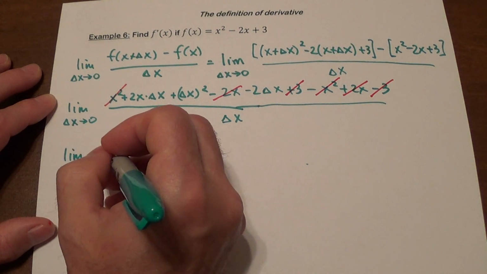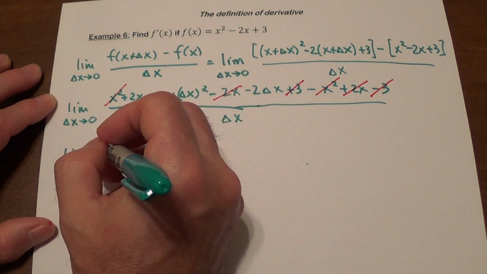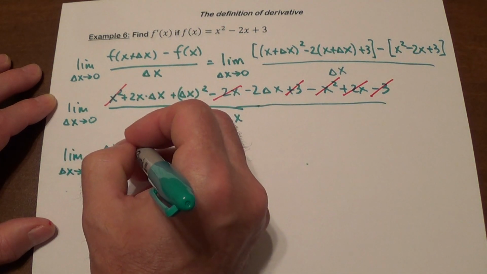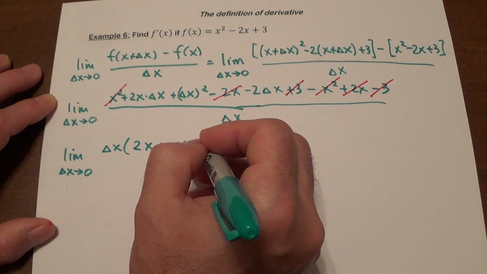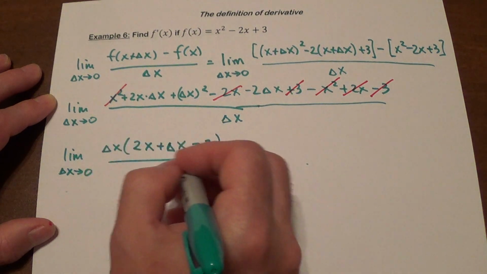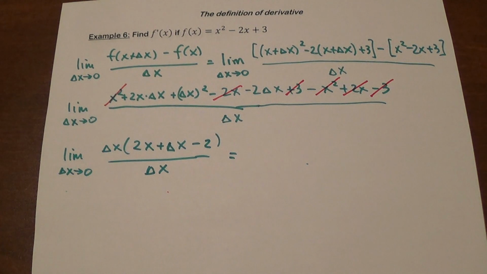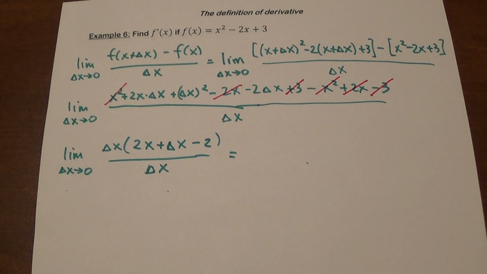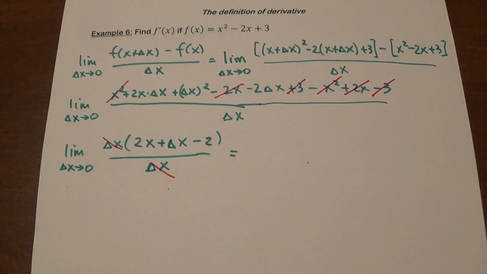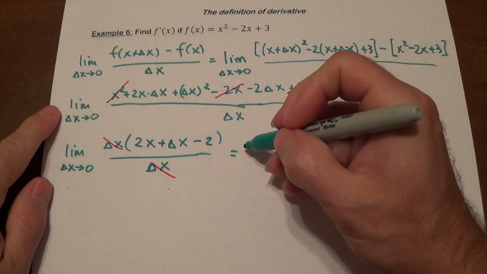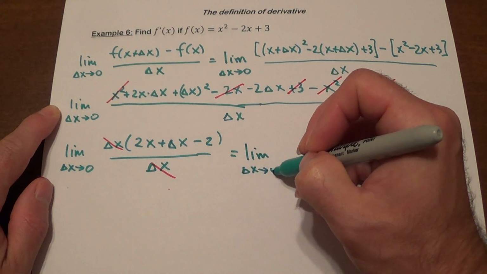Algebra for these problems is key. So we have the limit, and every term is going to contain delta x, which means I can factor it out. It's going to leave me with 2x plus delta x minus 2, over delta x. Okay, so delta x and delta x, you're going to cross them out. And now there is no quotient anymore, which means there shouldn't be any issue with direct substitution.